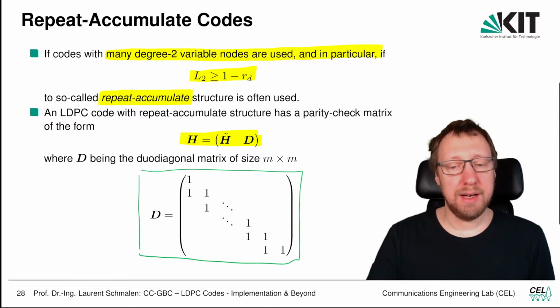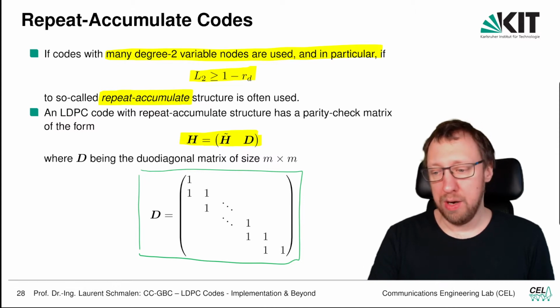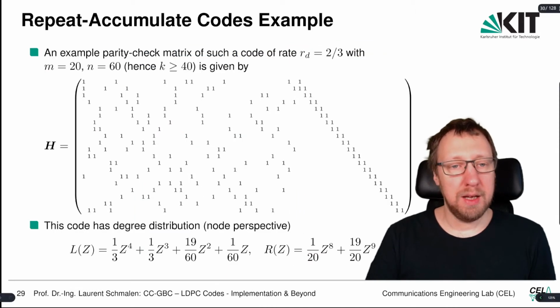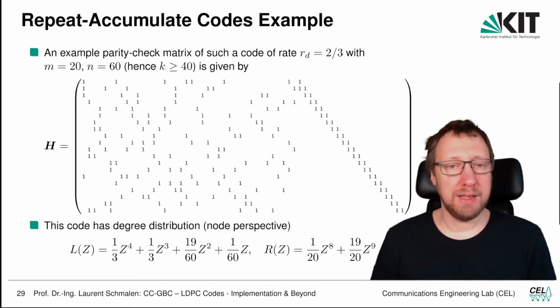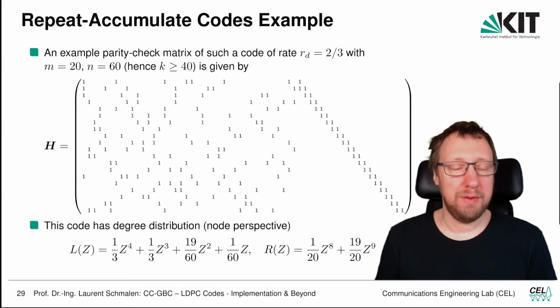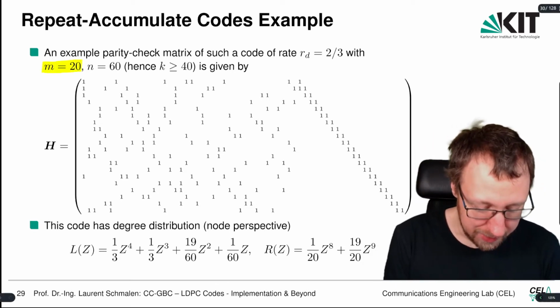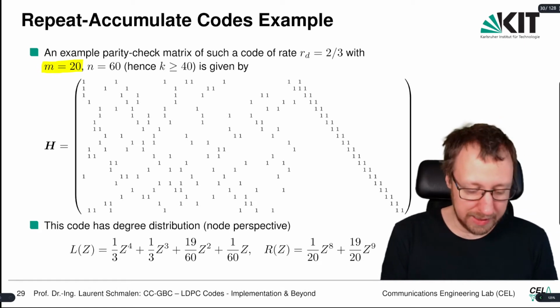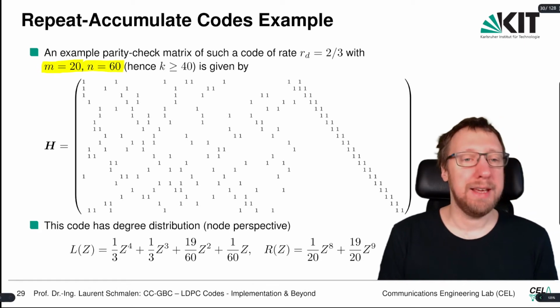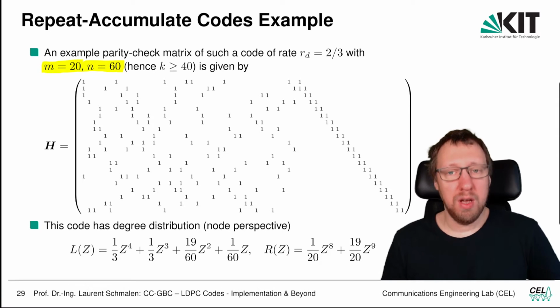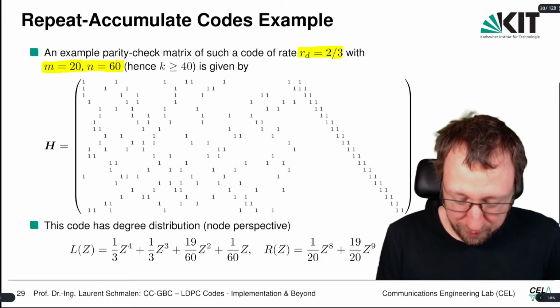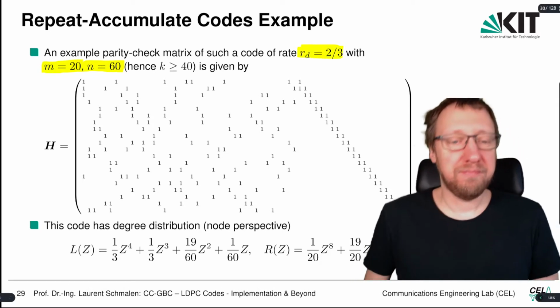So this is the case of repeat accumulate. Here's an example of a parity check matrix of such a code. We have a simple matrix with M equals 20 check nodes and N equals 60 variable nodes, so it's a code of rate 2/3.